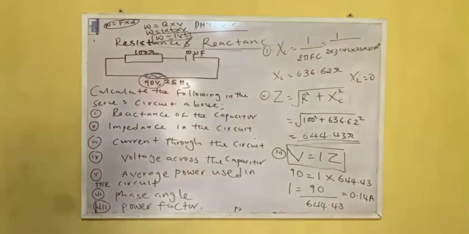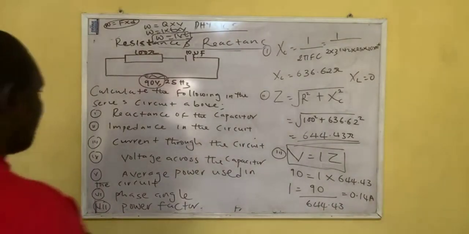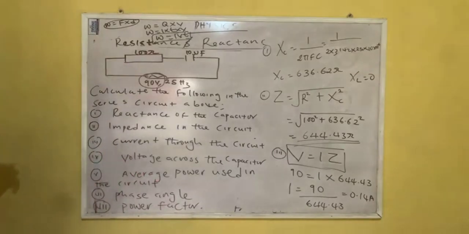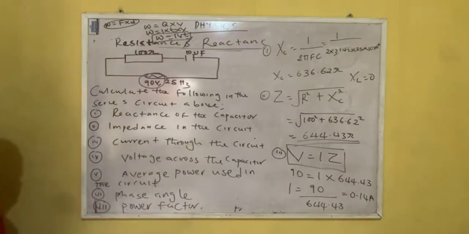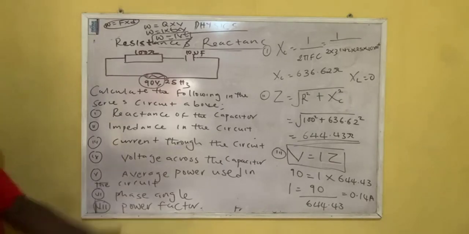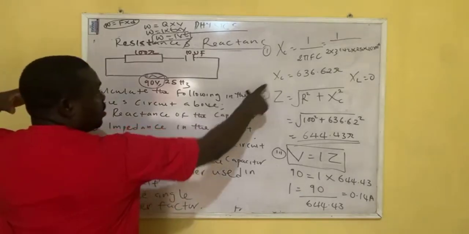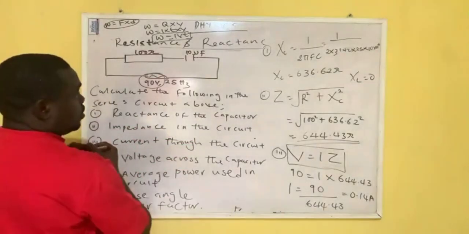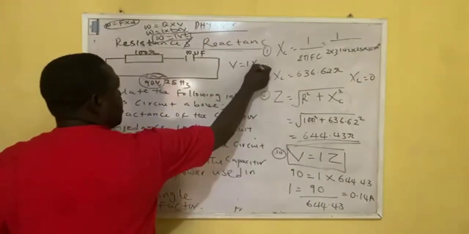Now, you help me do the rest. Let me just tell you what to do. I want to stop here. Number 4, voltage across the capacitor. What do you do? The voltage across the capacitor, we have known the current, so we just recall the formula with XC.